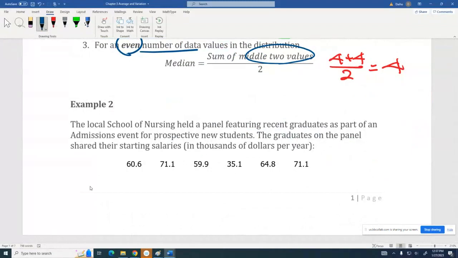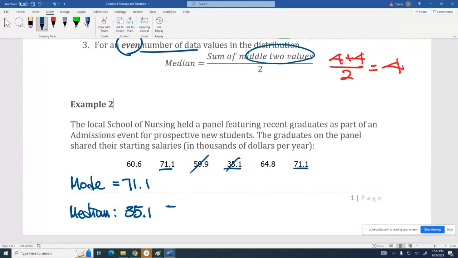Here's another example. Can you give me the mode? Who is the mode? 71.1. We have 2, 71.1. Let me take the median. The smallest one is 35.1, 59.9, 60.6, 64.8, and 71.1, 71.1.